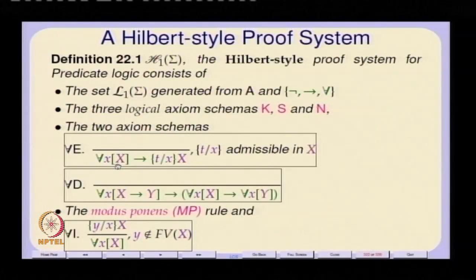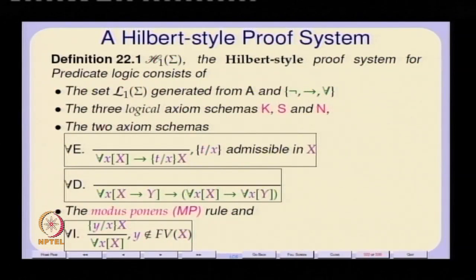So the first axiom schema is that for all x in the structure capital X, which might have small x as a free variable, I can replace all occurrences of small x in capital X by any term t, provided, of course, capital X could be a skeletal structure in first order logic, right.